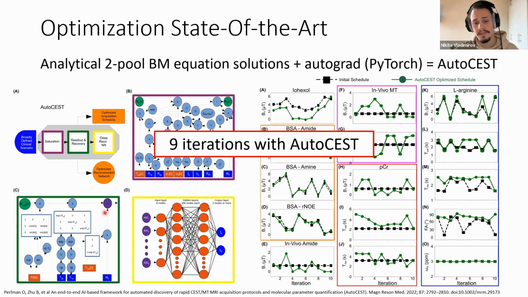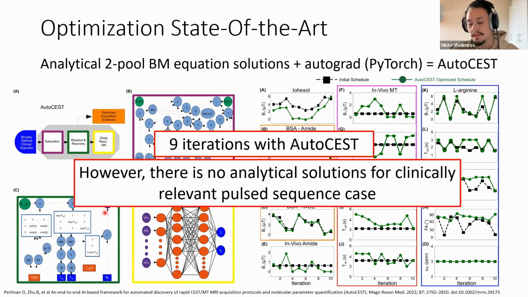Overall, this method gives us schedules with a range of 9. It seems that's okay, that we found the best way to do that. But the problem is that these analytical solutions only exist for the continuous wave case, which is not clinically relevant. So we cannot use such a solution for real case scenarios.